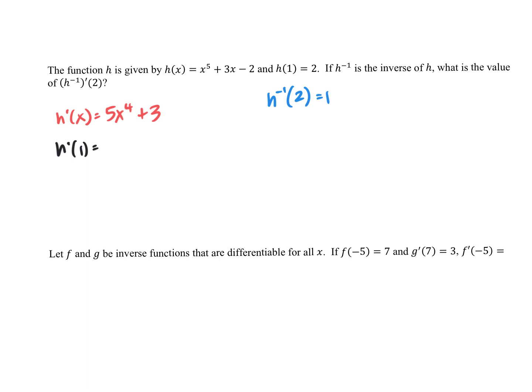h prime of 1 would be 5 times 1 to the 4th plus 3. Final answer? I heard it. What did you guys say? 8. So if the function has a derivative of 8 when x is 1, the inverse is going to have a derivative of what when x is 2? 1/8.